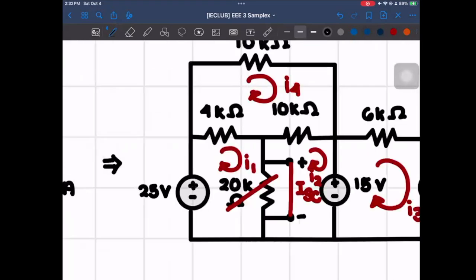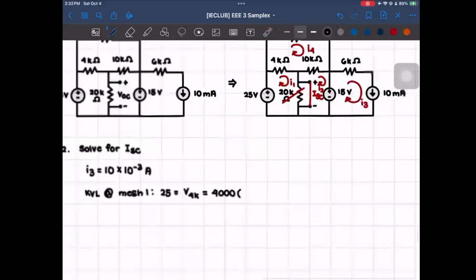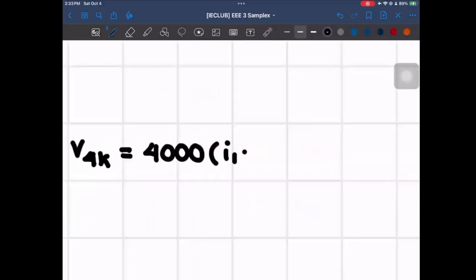And if we were to just imagine the direction, I1 will be going this way, and then I4 will be going the opposite way. So it's going to be I1 minus I4, since the direction has to be with respect to I1. So it's going to be I1 minus I4, and that's our first equation.